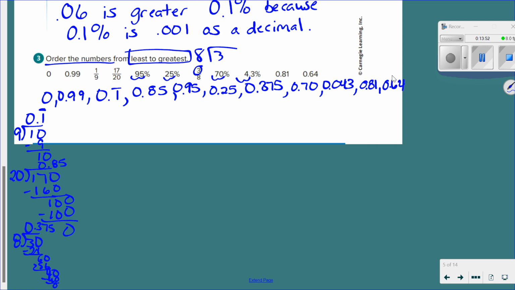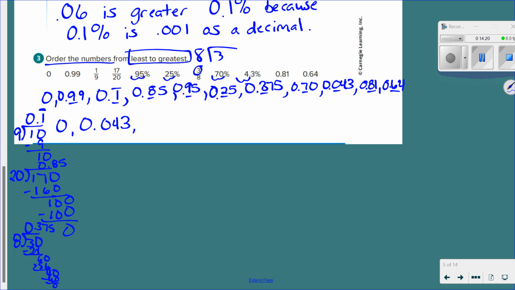I'm looking at my tenths place. Tenths place. Which one of those is smallest? The 9, the 1, the 8, the 9, the 2, the 3, the 7, the 0, the 8, or the 6? 0. So that's where I need to start.